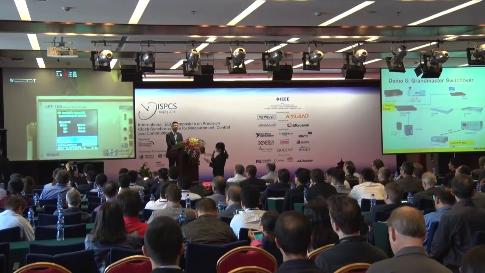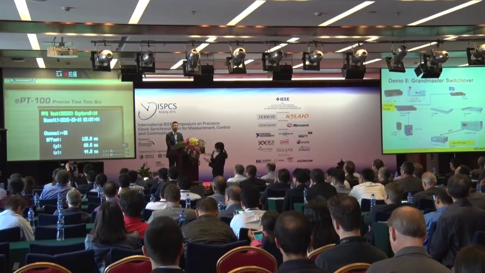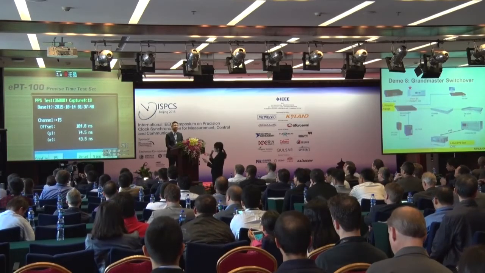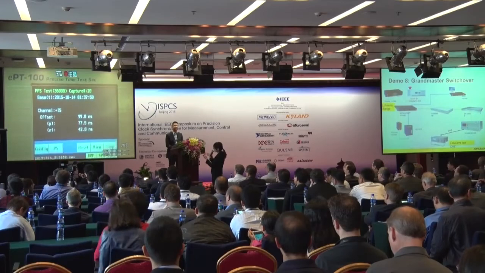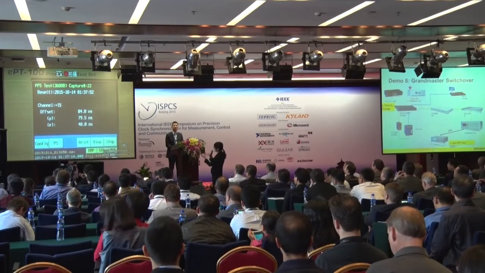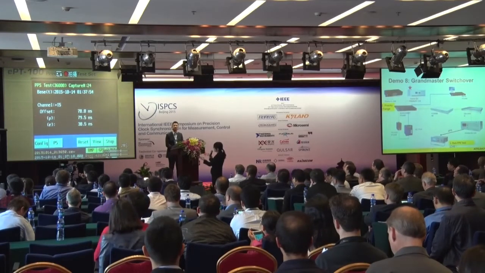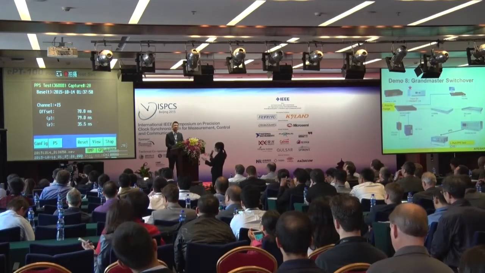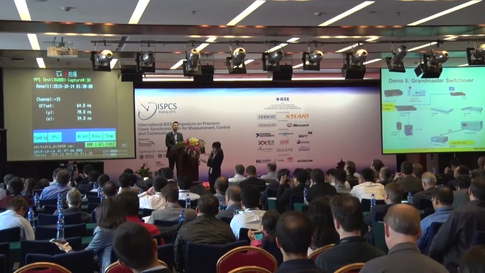Since this test started before we switched over, this time shows the current offset, this one is the mean time, and this one is the deviation during the whole switchover process.